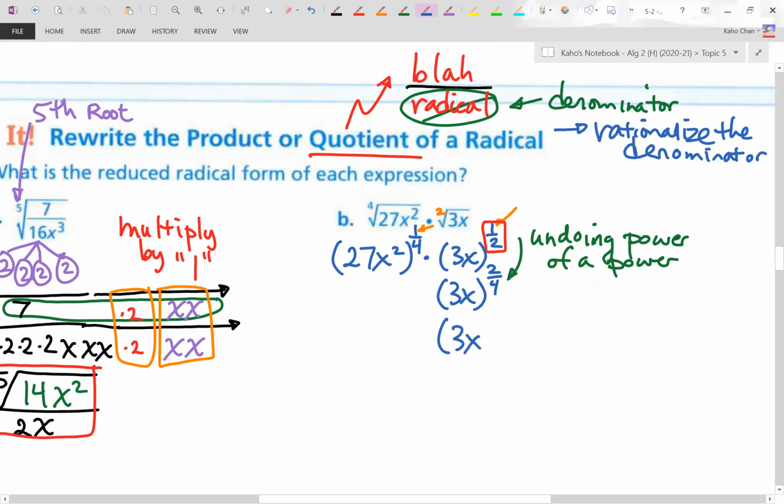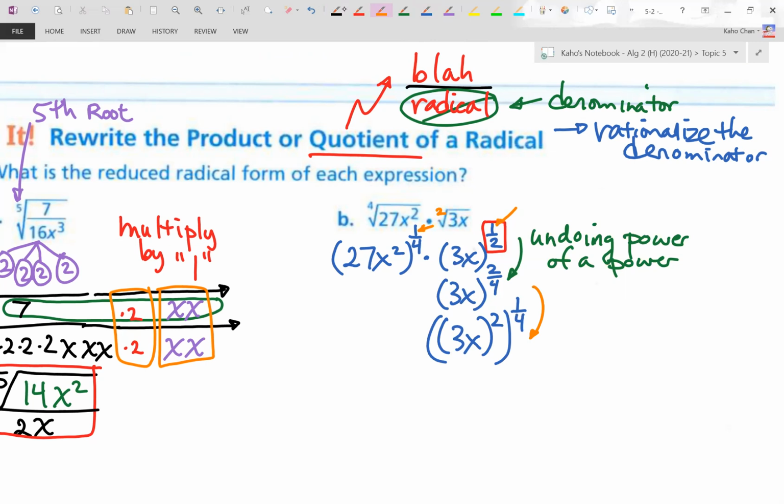I'm going to break up the 2 and the 4 like this. Isn't that crazy? Did I say power of a power? We're going to do that twice. So I'm just breaking up the 2/4 into 2 times 1/4.